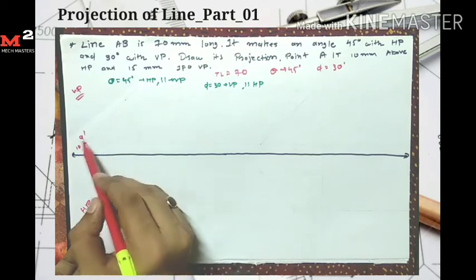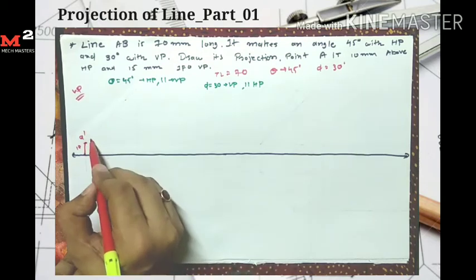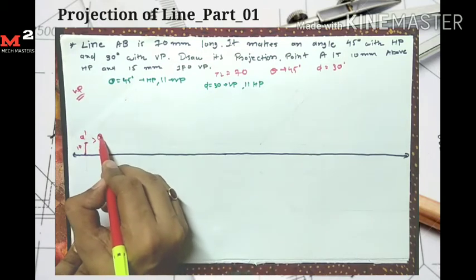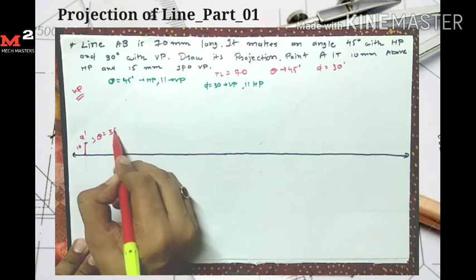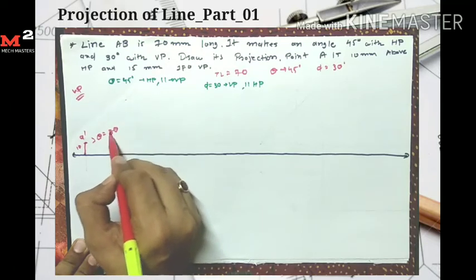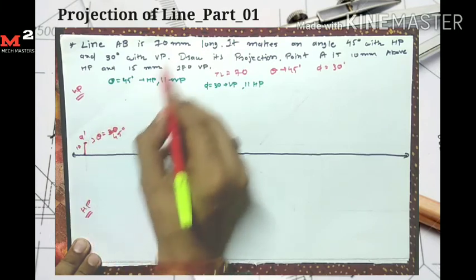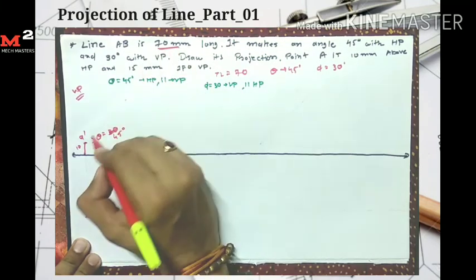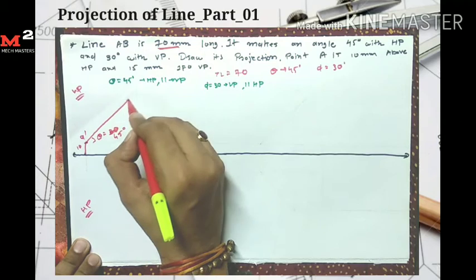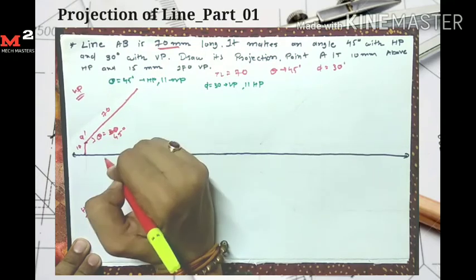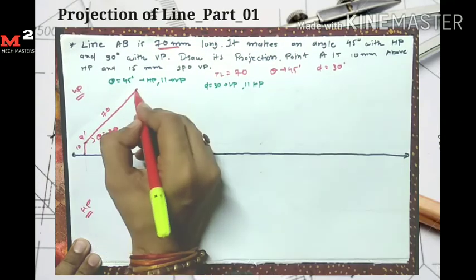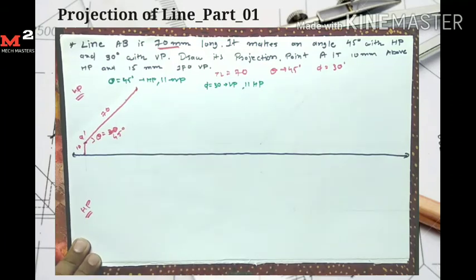From the A dash point I take the angle theta equal to 45 degrees, and the length equal to the true length, which is given as 70 mm. So I take the distance 70 mm at an angle of 45 degrees, and here I get my point B.